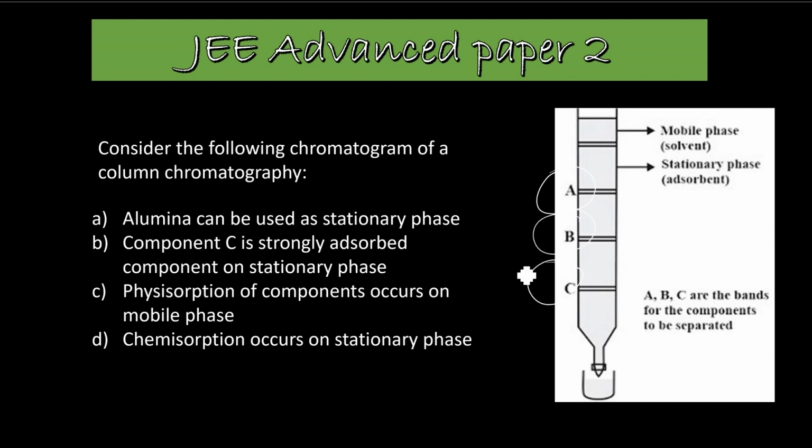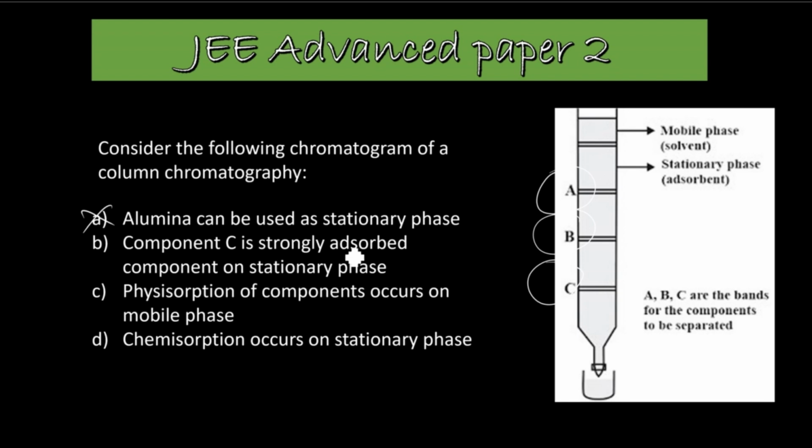A, B, C are the three bands for the components to be separated, and a mobile phase and stationary phase are given. So the first option, alumina can be used as a stationary phase. That is right. Alumina is a good common adsorbent which can be used as a stationary phase in column chromatography. So that can't be our answer.